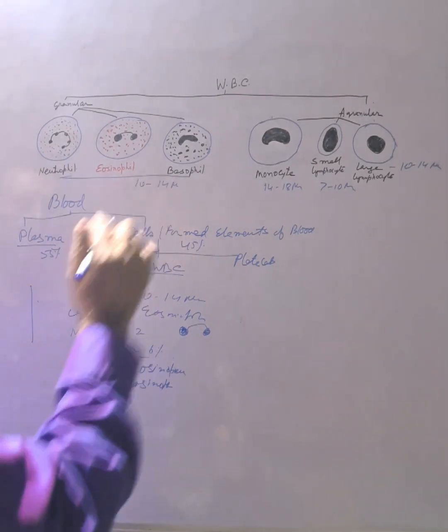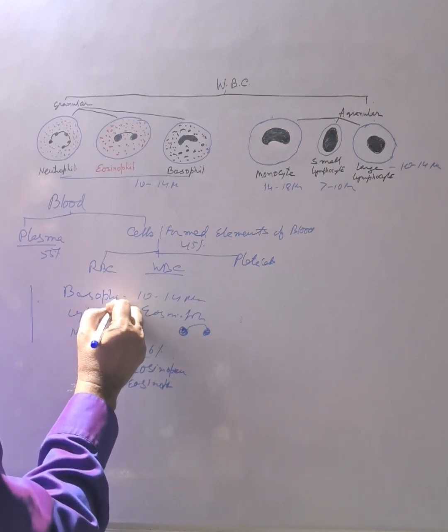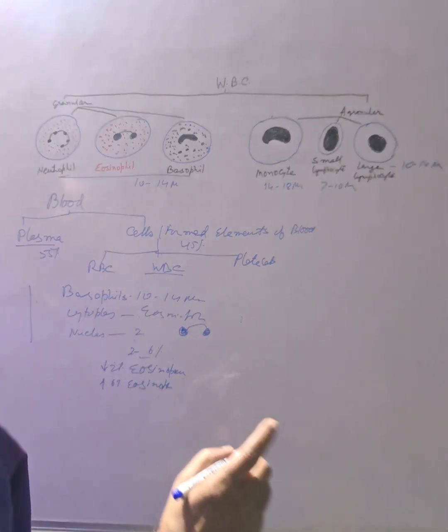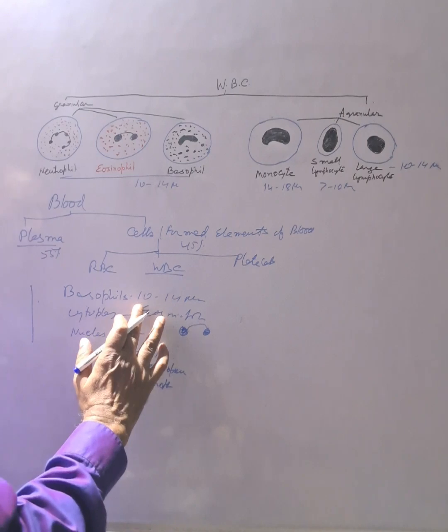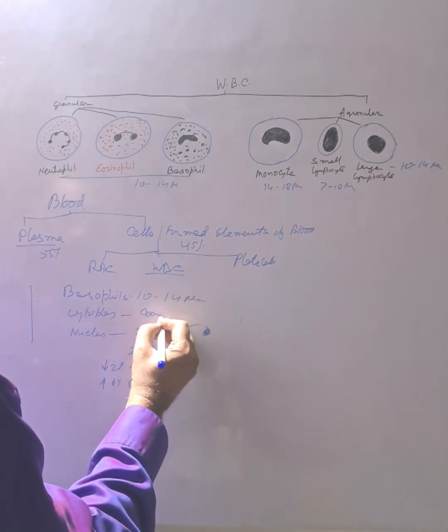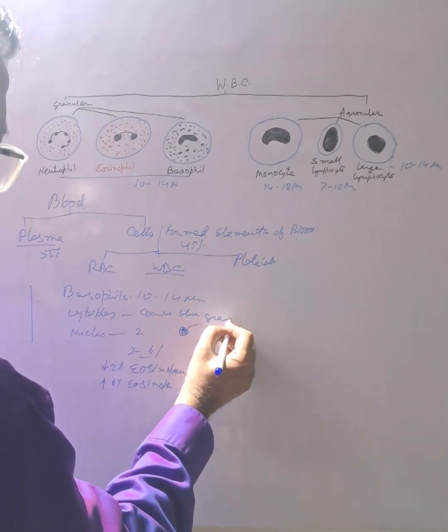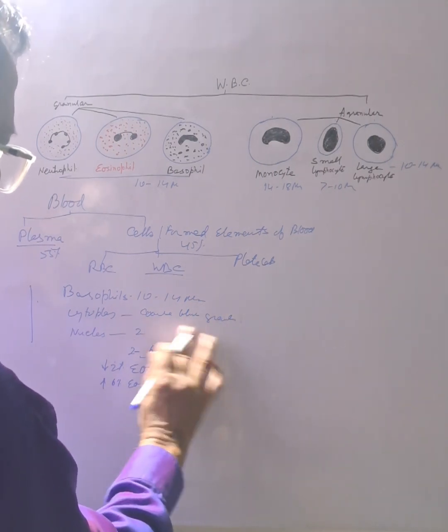Now coming to basophils. Basophil size is 10 to 14 micron. The cytoplasm contains coarse blue granules, basophilic granules.